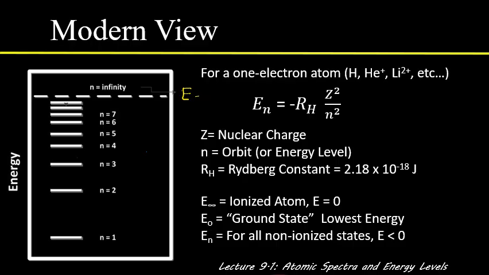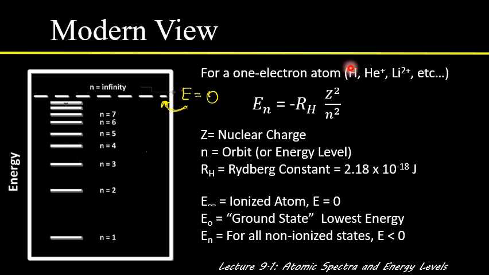And so we say for an atom that's been ionized, the energy is 0. We model that as the n equals infinity energy level, and the energy of that is 0. And so if the energy level up here is 0, then all of these that are slightly more stable are going to have negative energy.